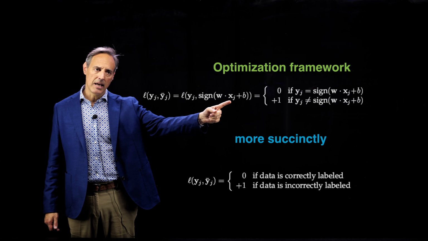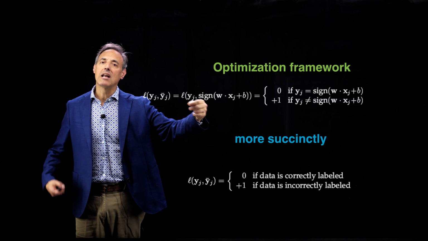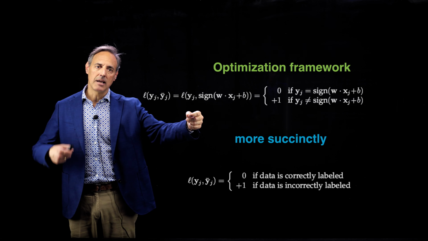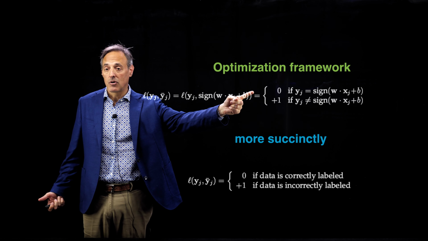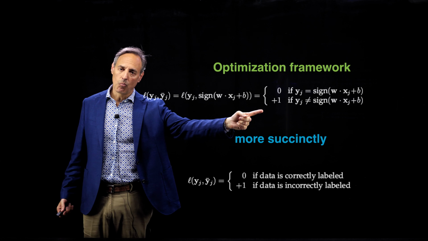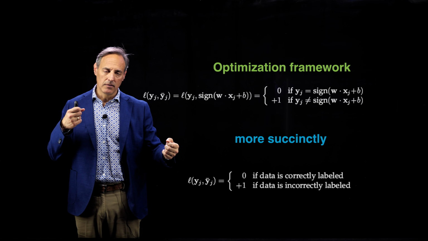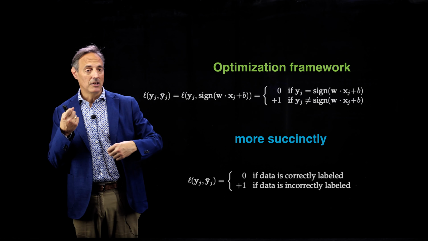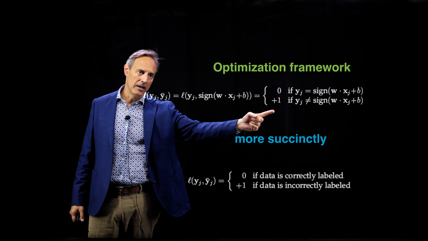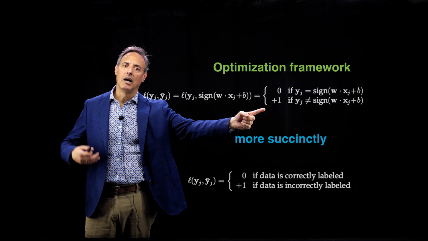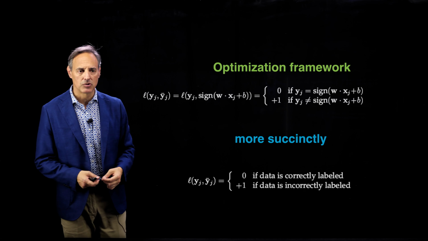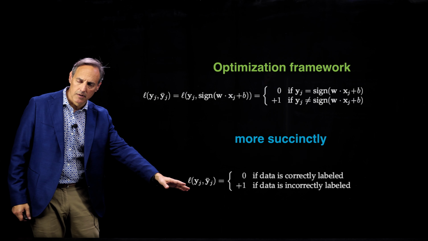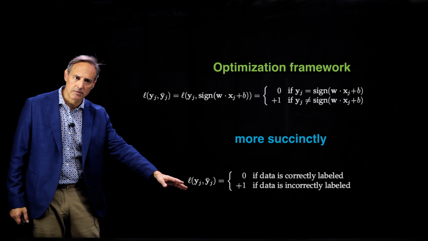Now, the way this works is if I get it right, in other words, if the label was supposed to be 1 and I got a 1, then I get a 0 here. In other words, I got it correctly. However, if I get it wrong, in other words, it was supposed to be a 1, and I said it was a -1, then here I get a penalty term, a +1. So every time I get it wrong, I get +1. Or more succinctly, this is how you might think about this loss function here.